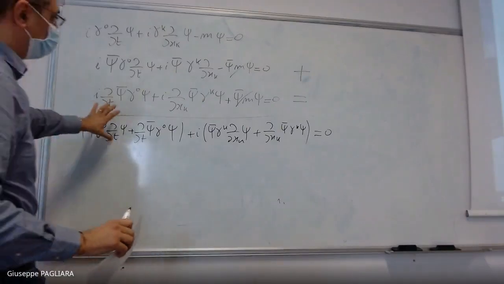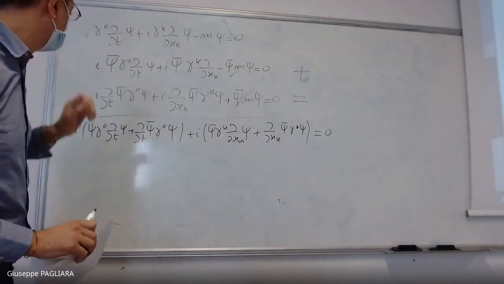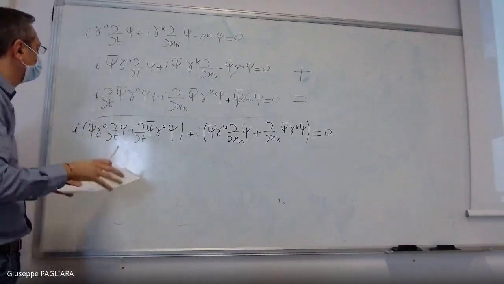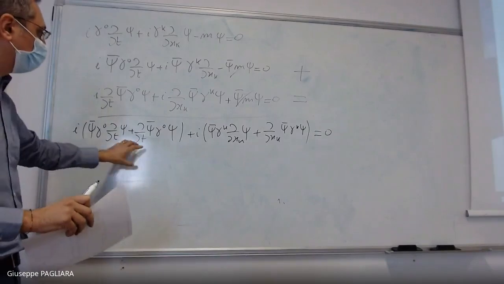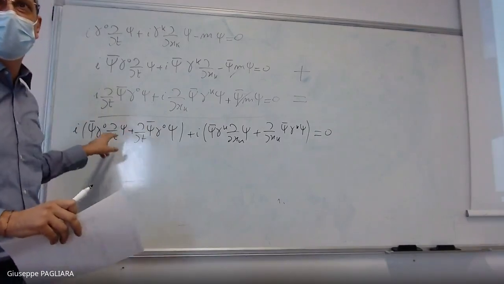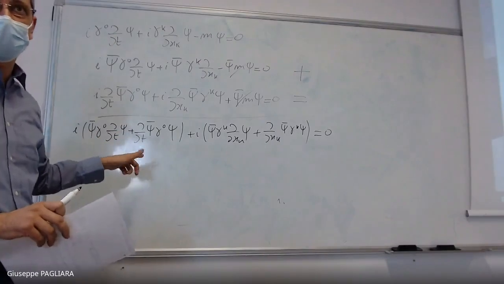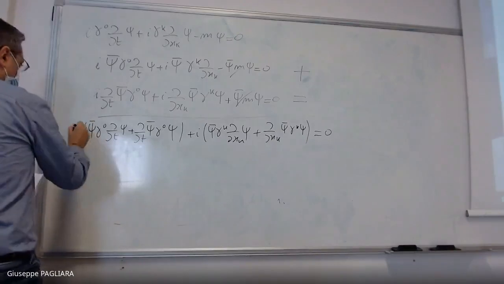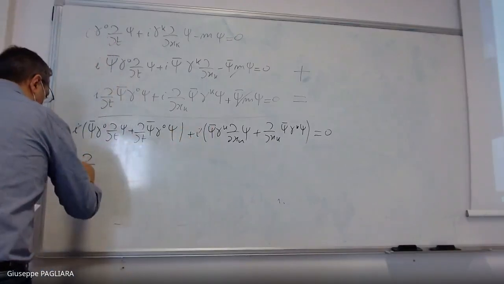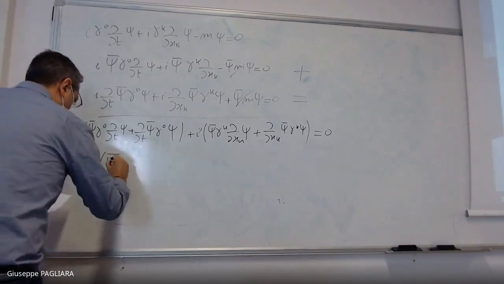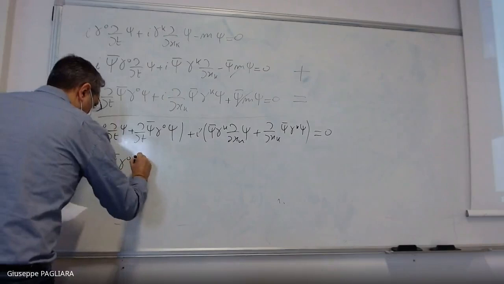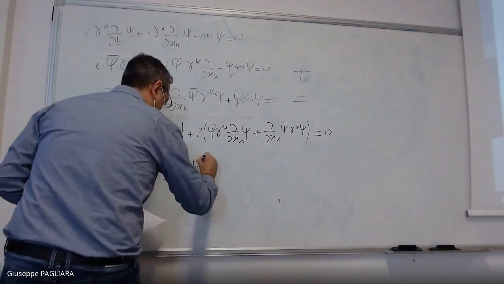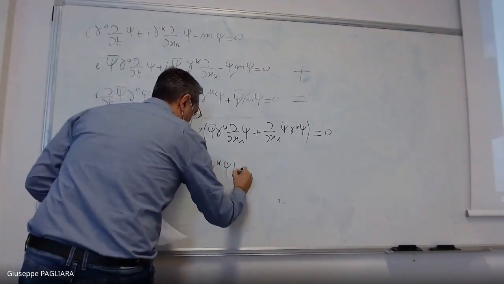So what do we have here inside the parentheses? If you check carefully, we have a function times the derivative of another function, and the derivative of the first function times the function. So this is nothing less than the derivative of a product of two functions, right? And the same thing here. So this we can write as, we can also simplify the i here, we don't need it anymore, ∂_t of psi bar gamma 0 psi plus ∂_xk of psi bar gamma k psi equal to 0.